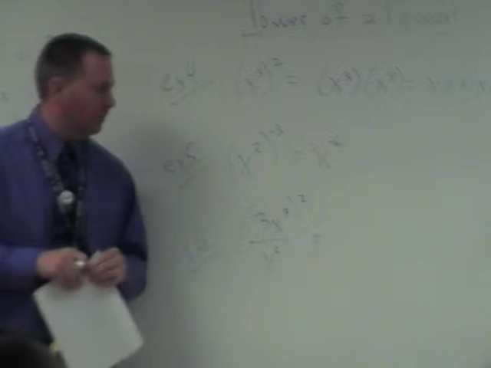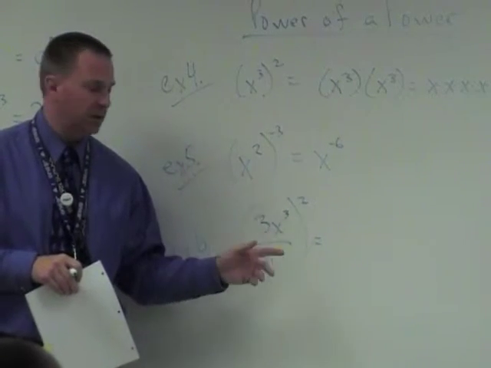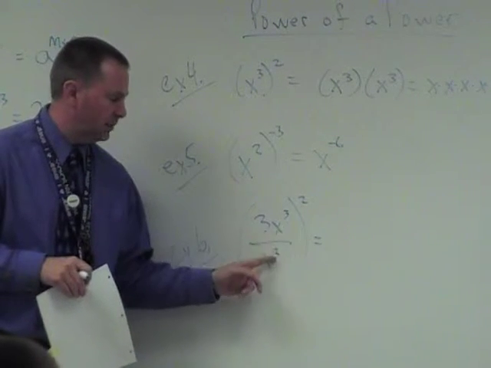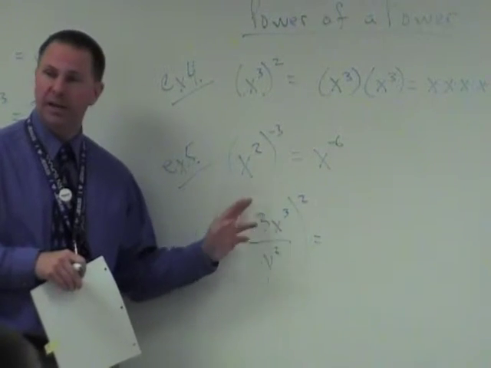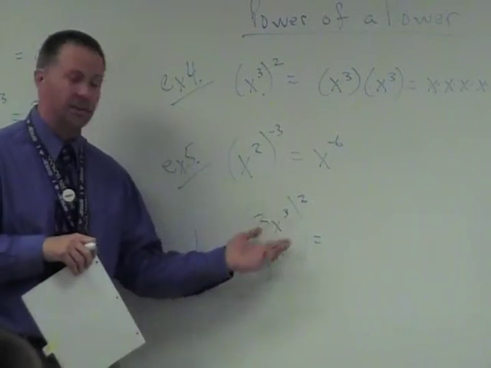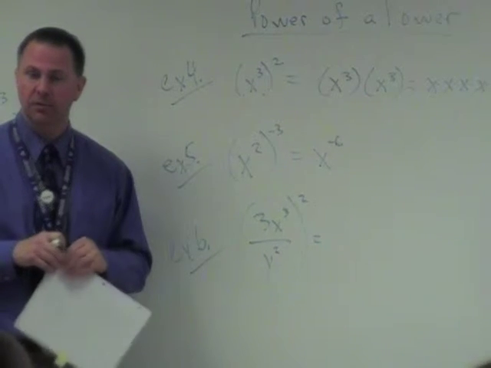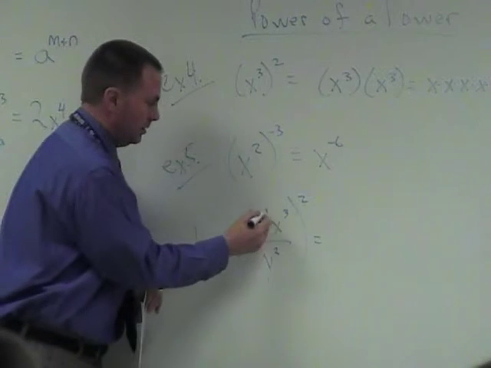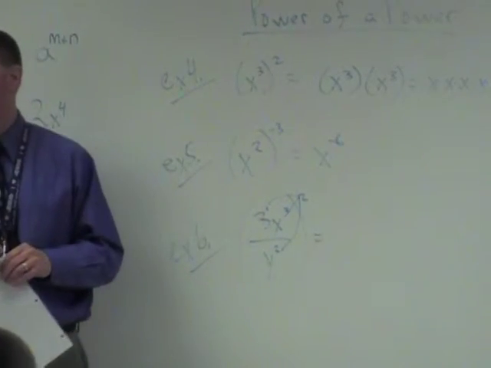Here's the obvious question: is the 2 applied to all of the exponents, or is it applied to everything, top, bottom, everything that's inside here? Well, doesn't everything have an exponent? What's the exponent on the 3?